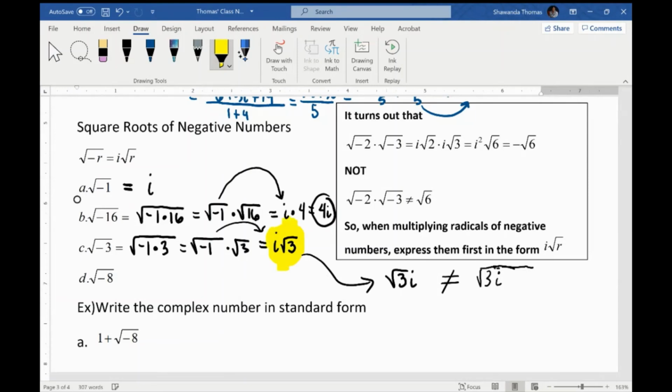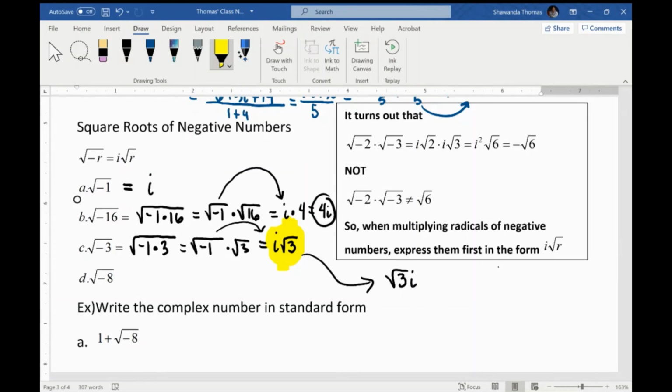You have to hit the space button and put the I on the outside. Yep. You're going to have to hit the space bar or the down arrow key or something, so that it'll stop continuing on and on forever. That I should not be under the square root symbol. It's separate from the square root of 3.